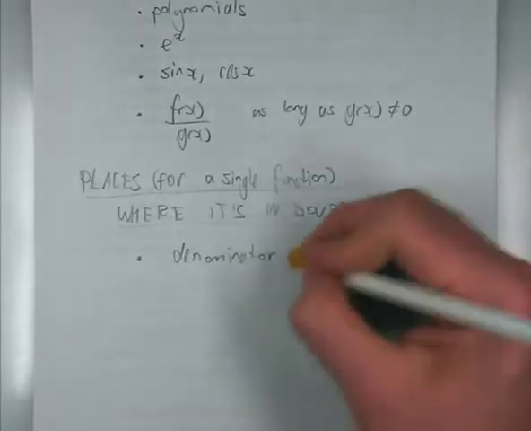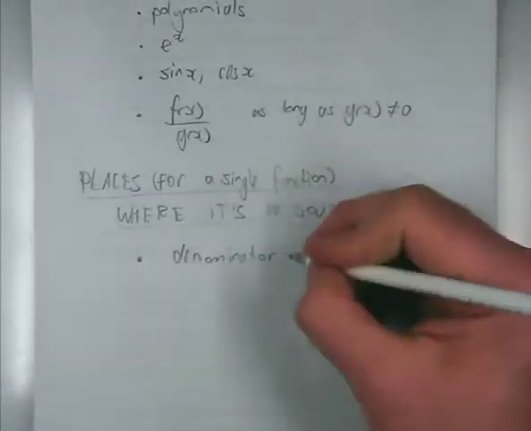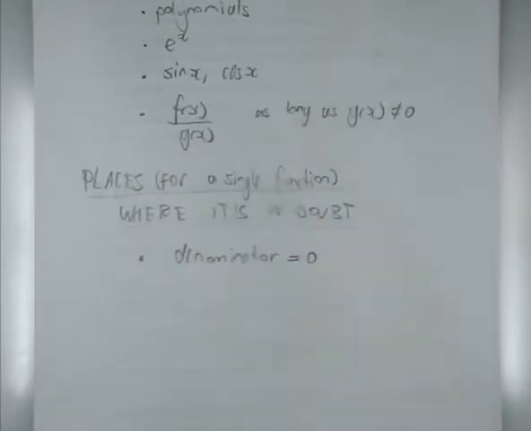It will most definitely be discontinuous there, because if the denominator is 0, it doesn't exist at that point. But you'll still have to do your limits to see whether it's essential or removable.